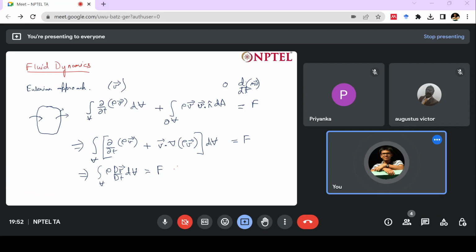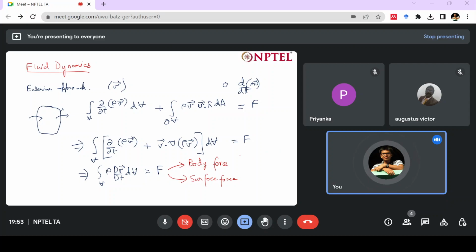So now I will talk about this force. We have two types of force which can act on this control volume. One is body force, and another is surface force. Body forces we can deal with very simply.